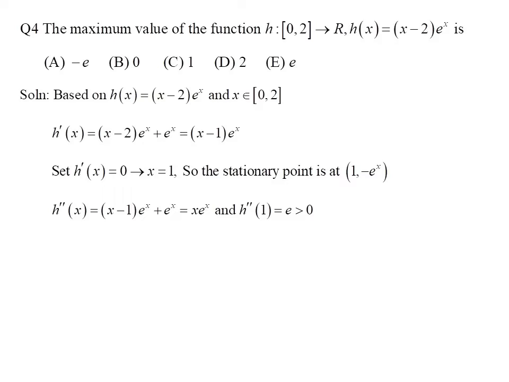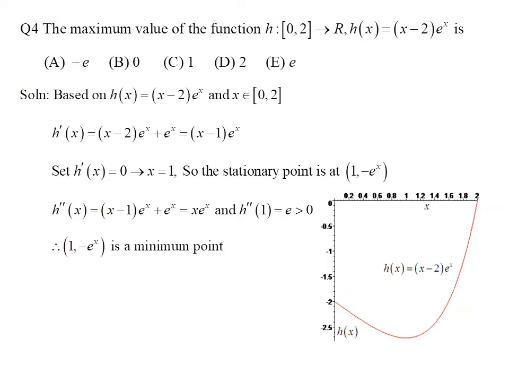So h double prime of x equals x times e to the x, and h double prime of 1 equals e, which is greater than 0. Hence, the stationary point 1, negative e to the x is a maximum point, as shown in the diagram.